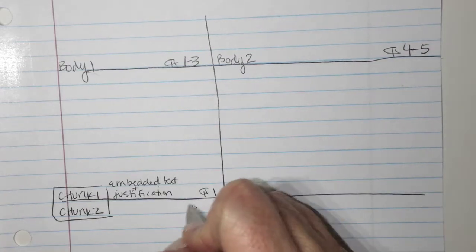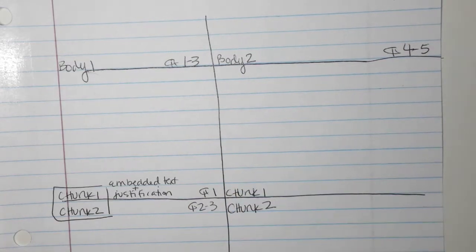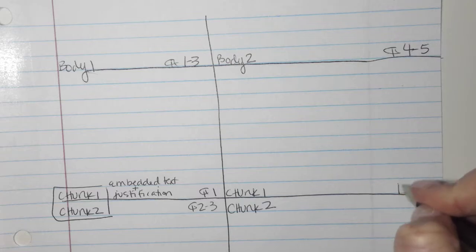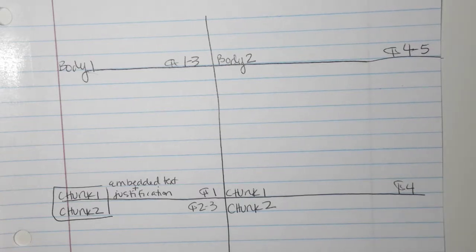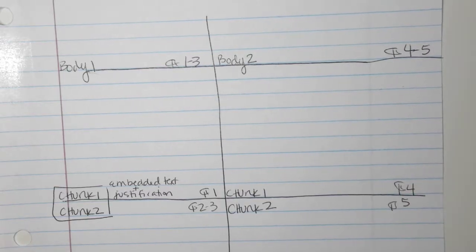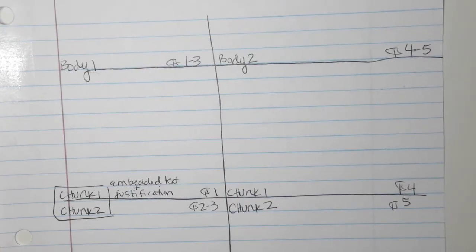Chunk 2 is going to come somewhere between paragraphs 2 and 3. Obviously, body paragraph number 2 lays itself out very easily, right? Chunk 1 comes from paragraph number 4. Chunk 2 comes from paragraph 5. Now at least we know where we have to find our annotations.